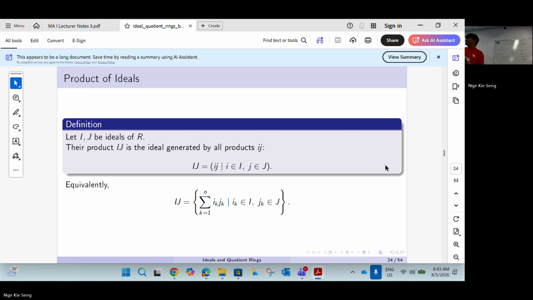Usually you write IJ as an element from I and an element from J. But now you need the sum of them.